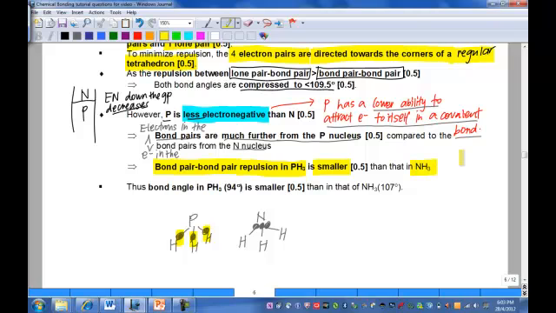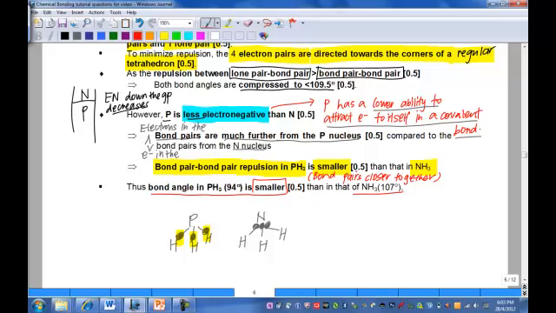So the repulsion is smaller, which just means that bond pairs are closer together. That is why the bond angle in PH3 is smaller than that in NH3.